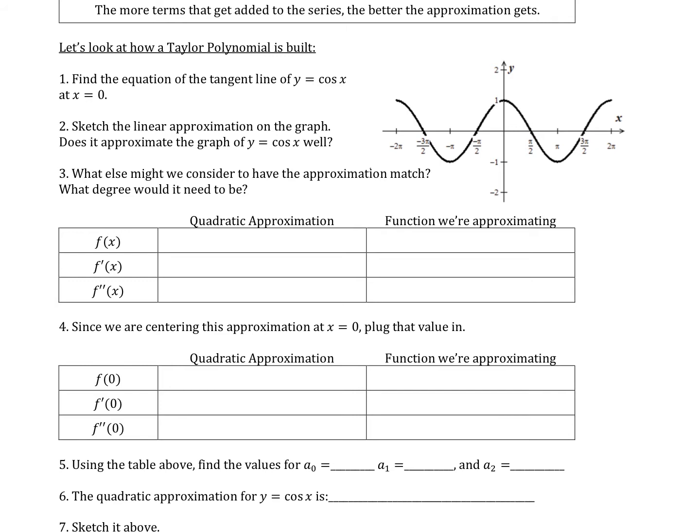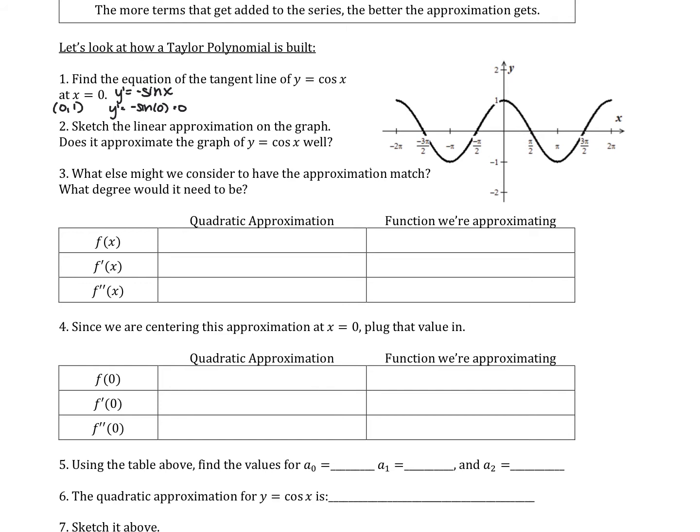So let's first find our derivative. So y prime would be negative sine of x. And we're trying to find it at x equals 0. So y prime would be negative sine of 0, which is 0. And at x equals 0, we have the ordered pair (0, 1).